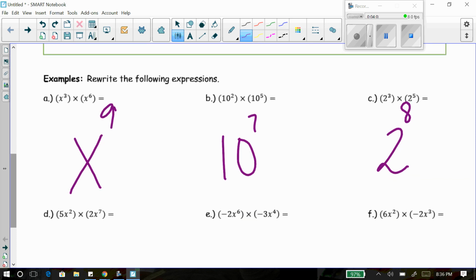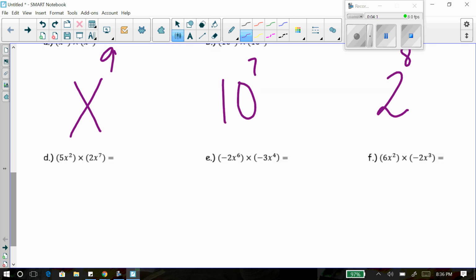The next one is something a little bit different. So now I added a coefficient in front of the bases. So really, x to the second and x to the seventh are the ones with the exponents. So in this case, we multiply the coefficients, which are 5 and 2. The base is, remember, whatever is being raised to the exponent.